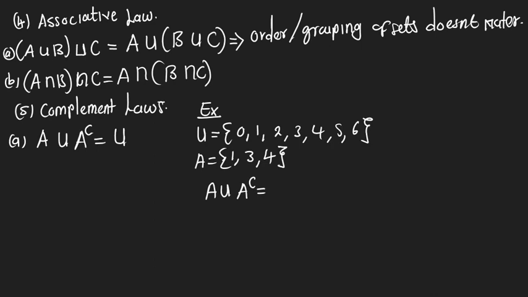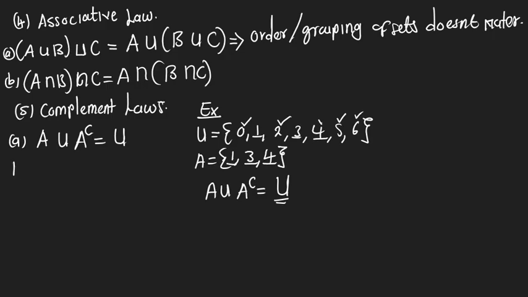Complement simply means outside of. So when I say A complement, I'm simply telling you get every element that is going to remain if you remove all the elements in A. So in this case, if we remove 1, 3, and 4, what we remain with is 0, 2, 5, and 6. In other words, what we are going to remain with are numbers in the universal set. That is what that law implies. Okay? It's very important for you to understand.